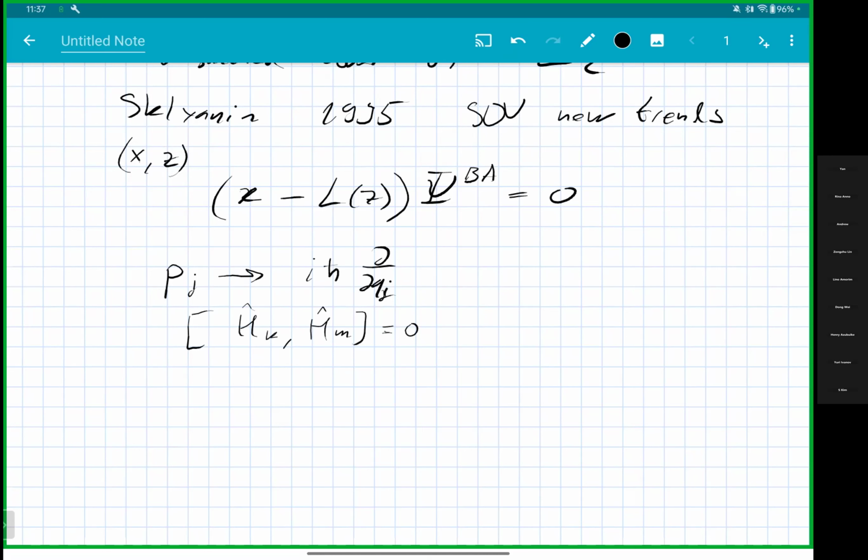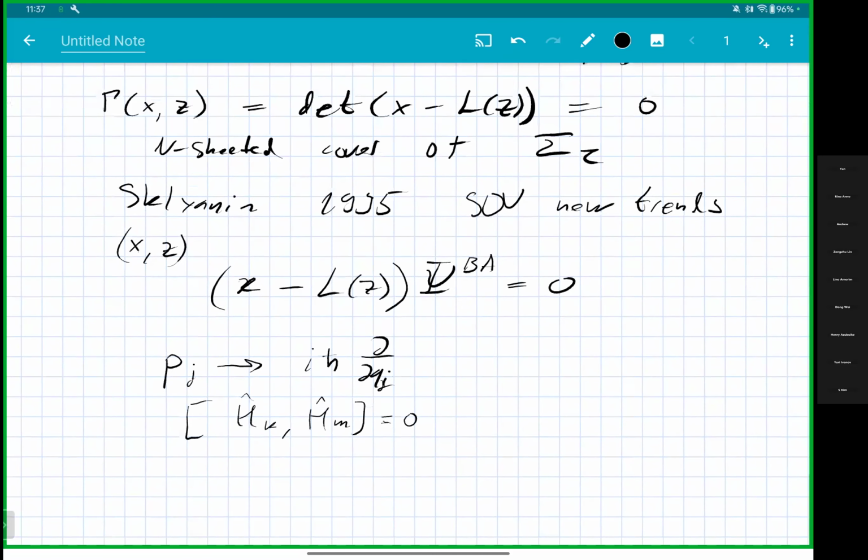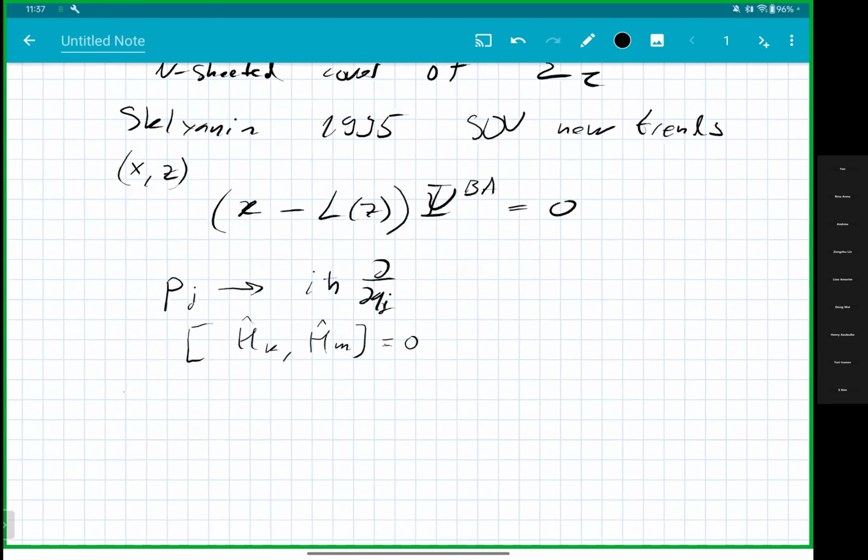But instead we basically work with the quantization of the spectral curve equation itself, which is usually called some kind of TQ relation or something like that. So basically, we have this gamma getting replaced by some sort of differential operator like this.